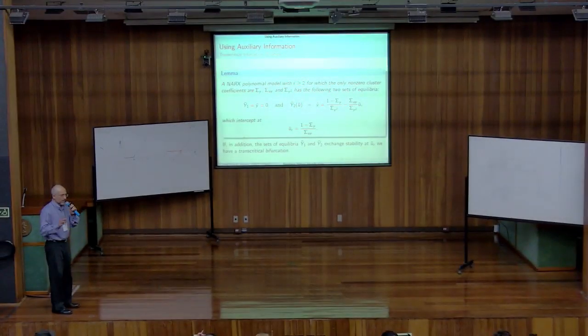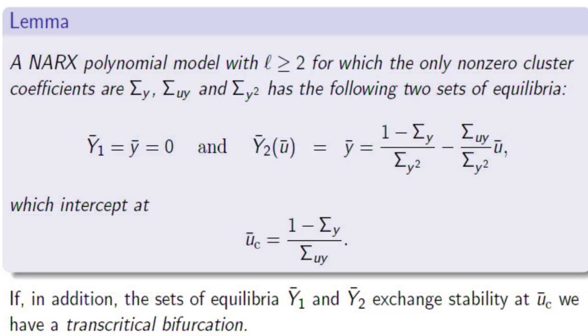Making the whole story very short, we end up with a lemma. It says that a NARMAX polynomial model, where the degree can be greater than 2, no problem, for which the only non-zero cluster coefficients are these 3, has the following 2 sets of equilibria: y1 bar equals 0, and y2 bar, the equation of a line with respect to the input.